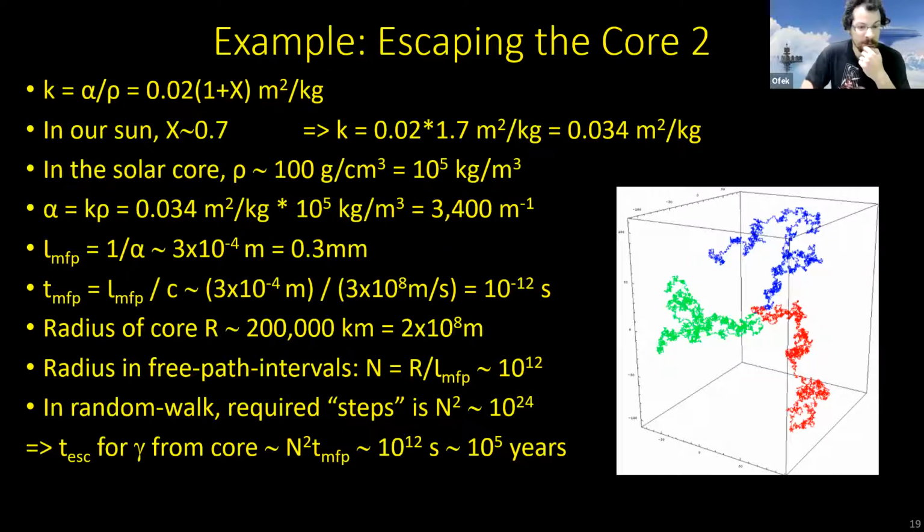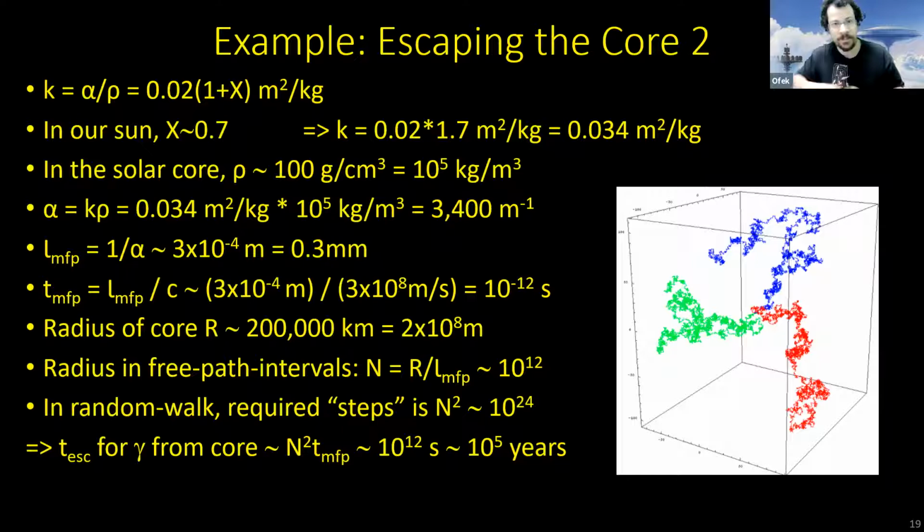In free path intervals, that's basically this distance divided by the mean free path, or multiplied by the number of hits per meter, you'll find that this photon will actually have to go through 10 to the 12 intervals on the way out before it can actually get outside.